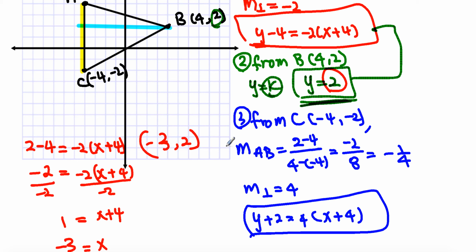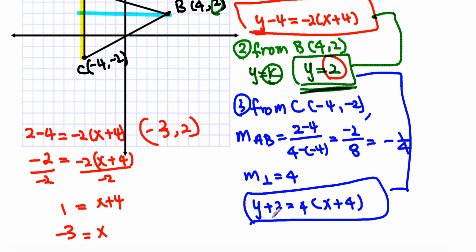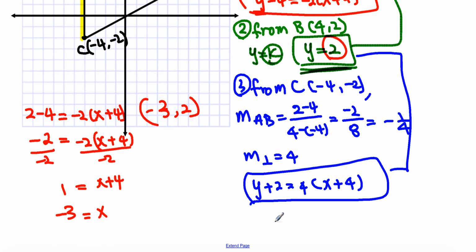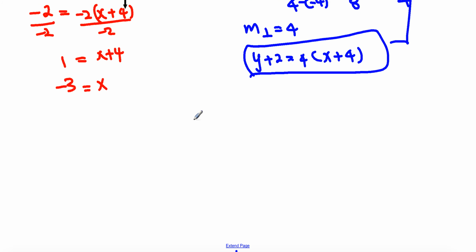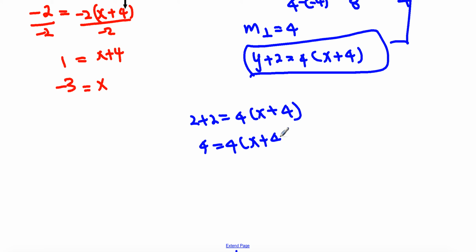Now, that was between the first and the second one. What if I were to go for the second and third one? I should be able to get the same answer. So I'm going to put 2 in place of y here once again. Then I'll be getting 2 plus 2, which is equal to 4 times x plus 4. Now my left side becomes 4 equals 4 times x plus 4.